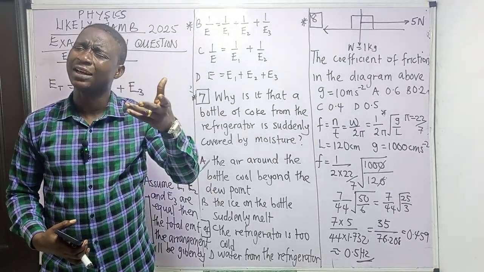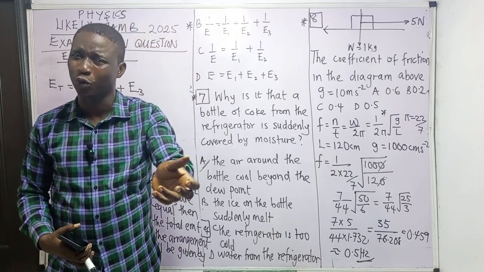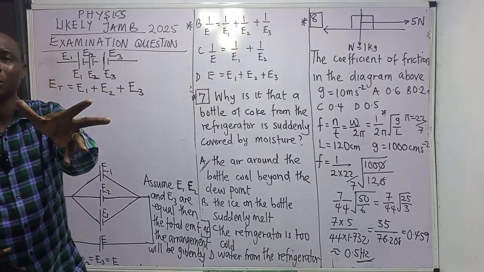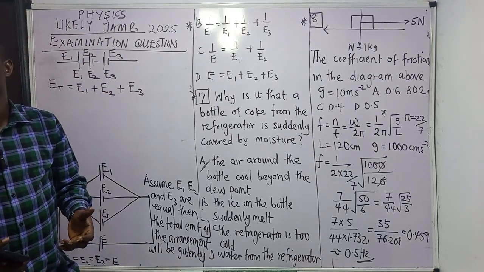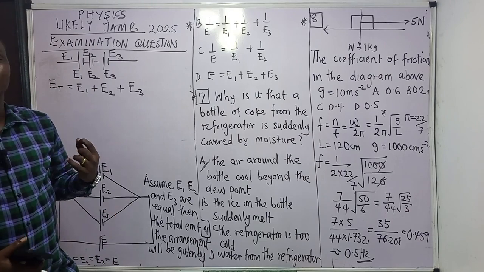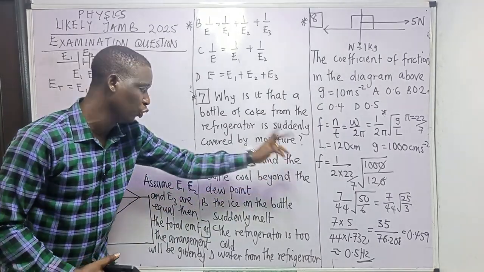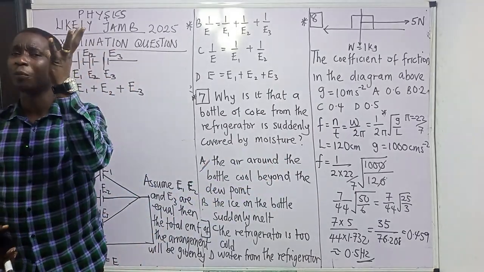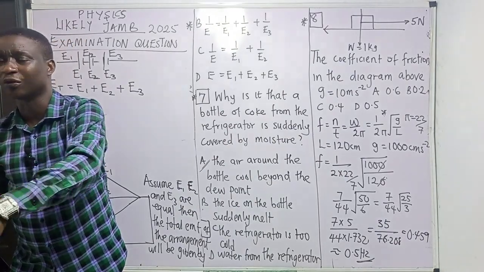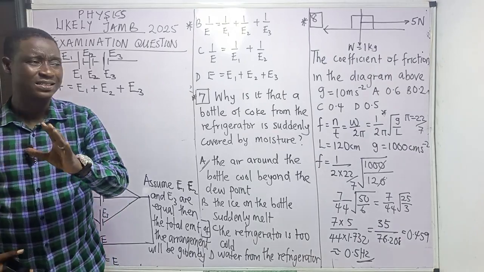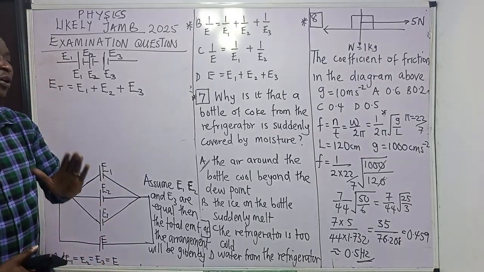Otherwise there would not be condensation on the surface of the bottle, and so no moisture. Have you ever woken up in the morning and seen water on the surface of the grass? That is dew, in the early hours of the morning.